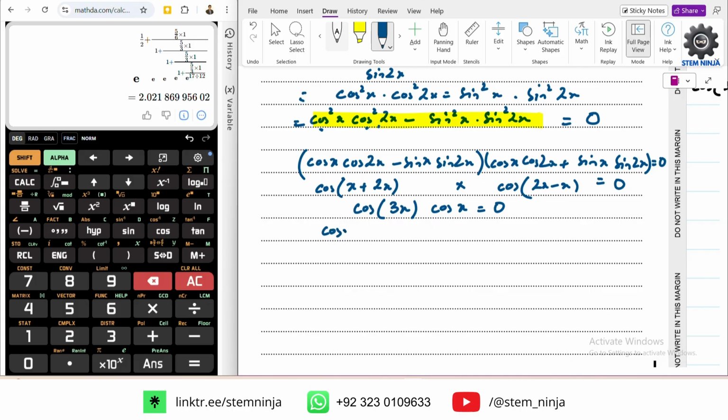So cos of x gives us pi by 2, and cos of 3x equals to 0 gives us, right, 3x equal to pi by 2, and then x would be pi by 6.